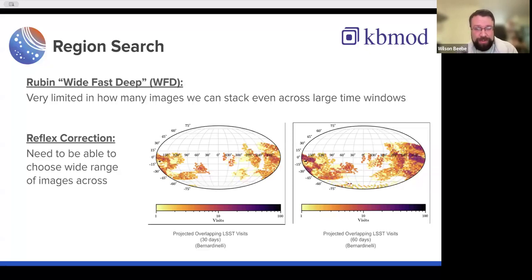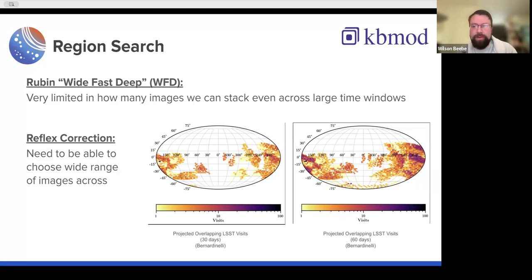We get, for example, on the left, very few places where we're even getting up to 10 visits. When we're considering 60 days, we're able to construct deeper stacks of visits on top of each other. I'm bringing this up because we want to emphasize that for using this part of Rubin data, reflex correction is definitely necessary.